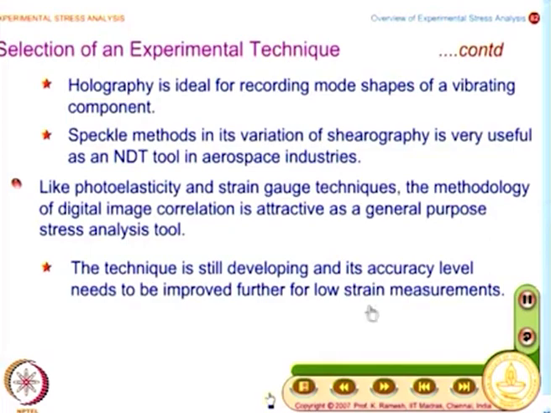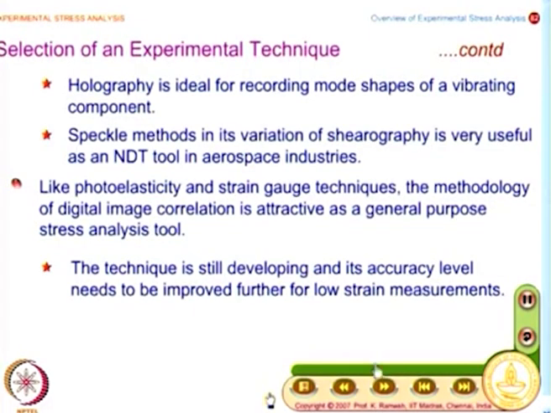Some time back the low strain was about 160 micro strain. Now people say you can go up to 50 micro strain. So, as the technology is improving, the capability of the technique to measure smaller values of strain is also improving, and this has great potential. So, if time permits, we would also have some discussion on image correlation as we go by.